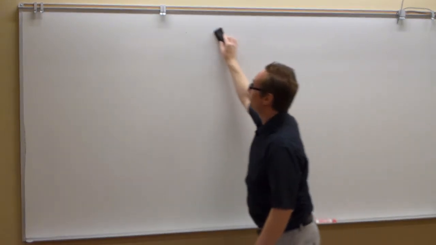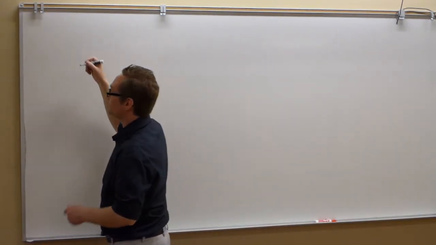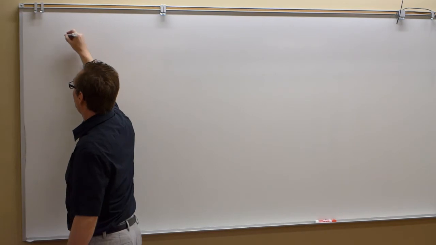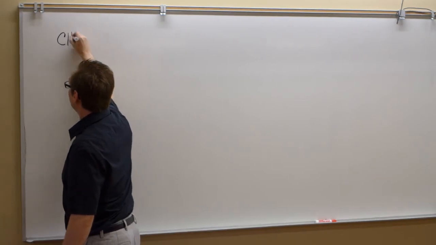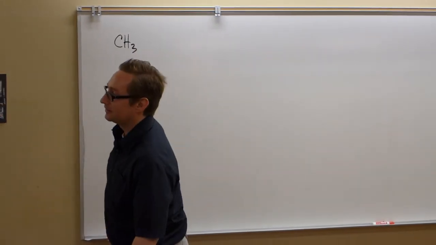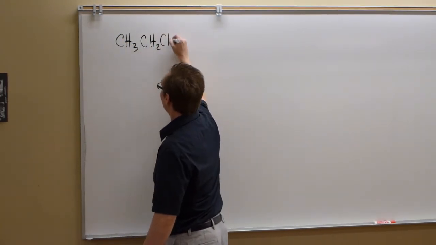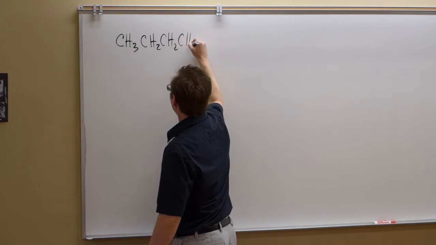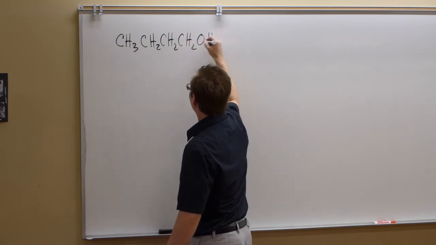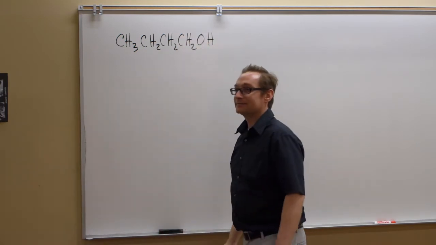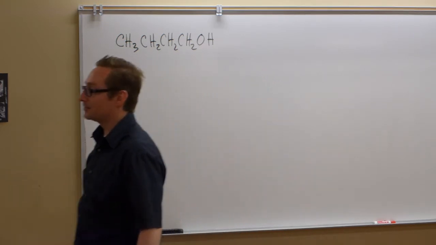But if you were to just write out the chemical formula for this, it would be CH3 followed by CH2, CH2, CH2, and then OH. And you could write it out like that. Right? That would be the chemical formula for that compound.